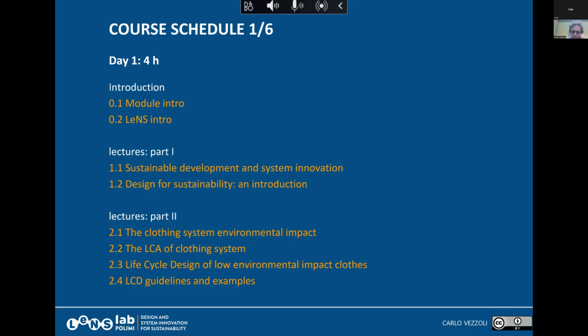Day 1, which is today, what is going to happen? I'm making this introduction, then I will introduce the LENS network, because this is the main source of further information and knowledge that we will give to you. You will see, it's quite interesting. Then we will start with an introductory chapter related to sustainable development and system innovation, and an introduction to design for sustainability.